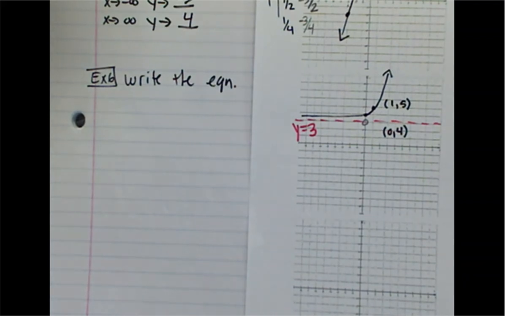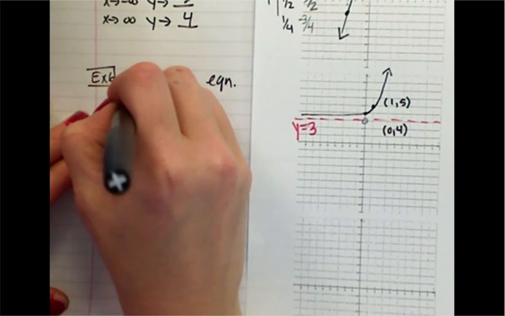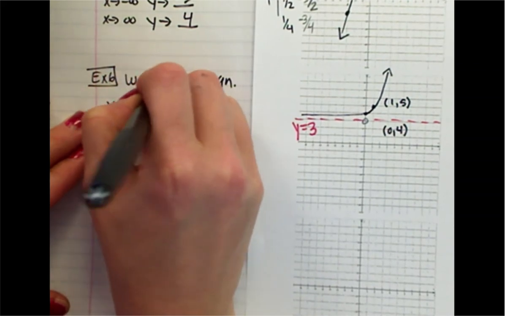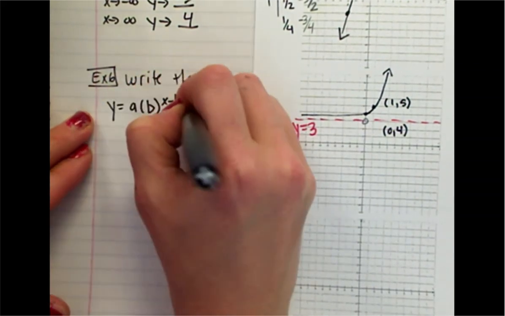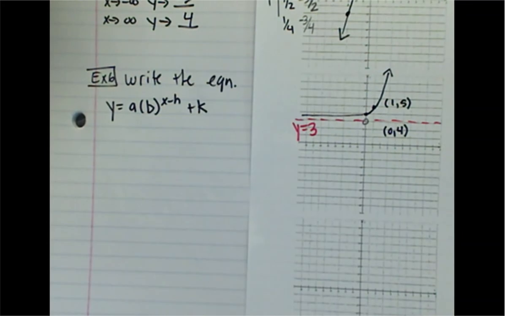Okay. Write the equation. Let's start by writing a, h, k, and b and start picking out the things that you know. a, b, x minus h, plus k. What values can you pick out by looking at the graph? k, that's a good one. Let's start by putting k in there.